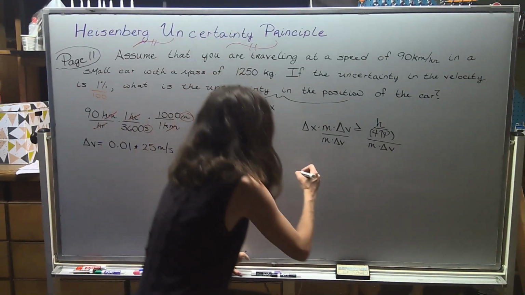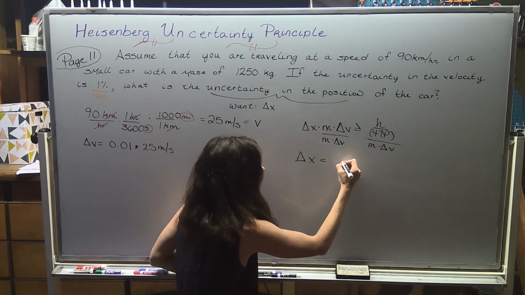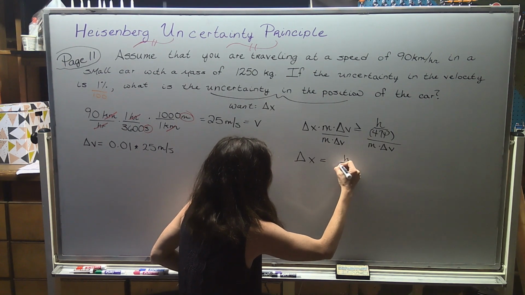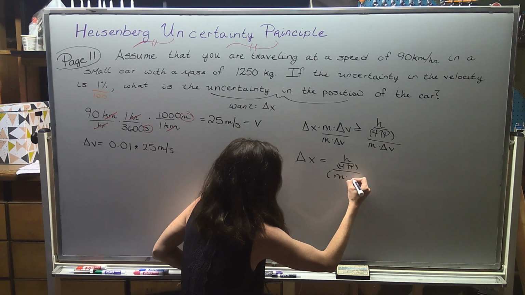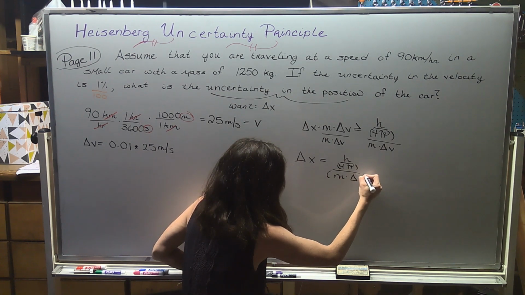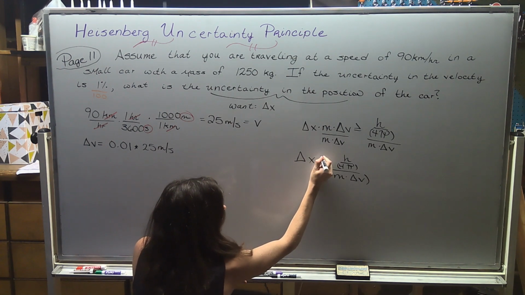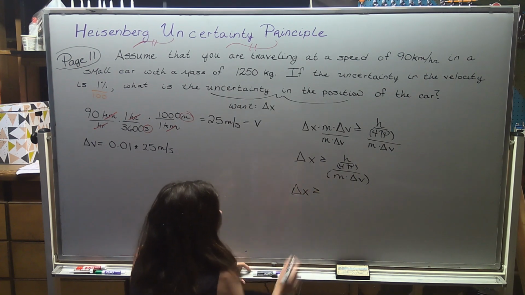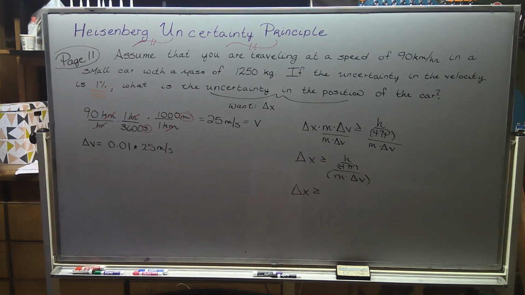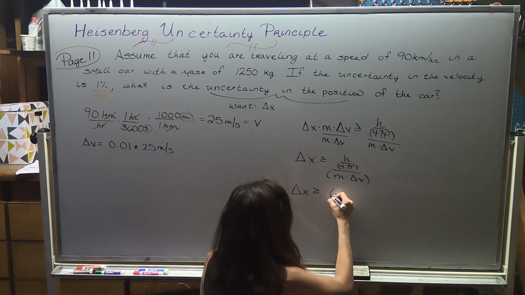So now I have delta x equals h over 4 pi divided by mass times delta v. Let's plug in some actual values. Planck's constant, 6.626 times 10 to the negative 34.